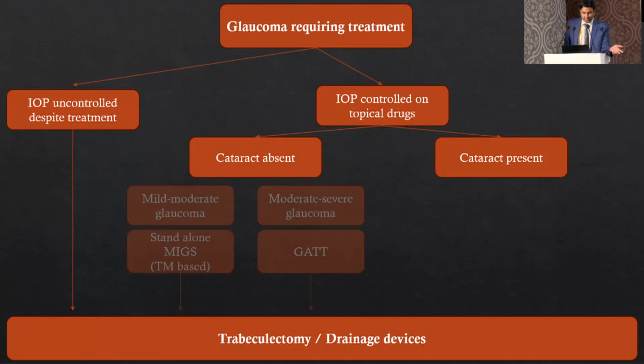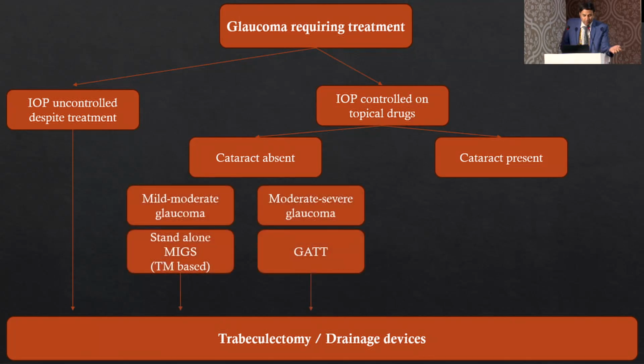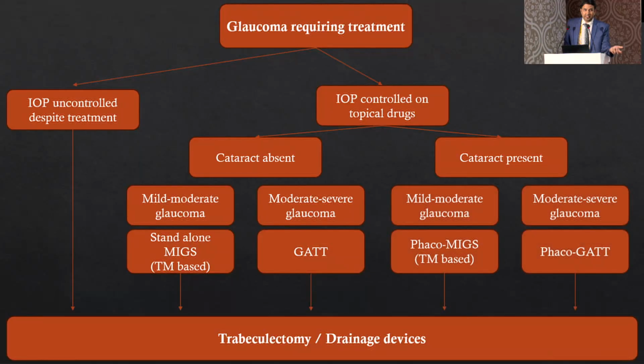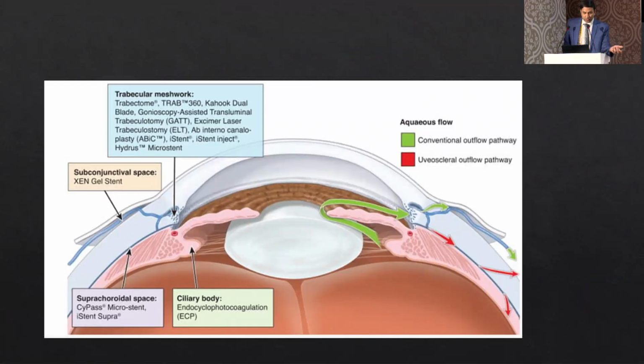If there is no cataract, then for mild to moderate glaucoma we can do standalone MIGS, which is trabecular meshwork based, or GATT. If cataract is present, then we can combine MIGS with cataract surgery. Based on the mechanism of action there are various kinds of MIGS, but the majority work on the trabecular meshwork. The Xen implant works in the subconjunctival space. In the suprachoroidal space, CyPass and iStent Supra are there, then ECP, but the majority of MIGS work on the trabecular meshwork.